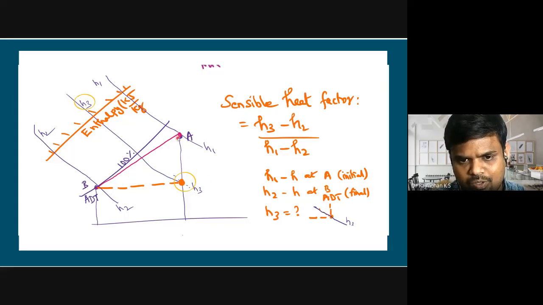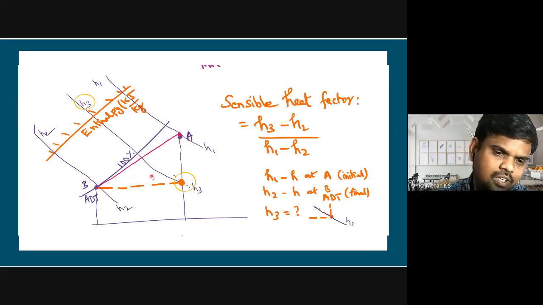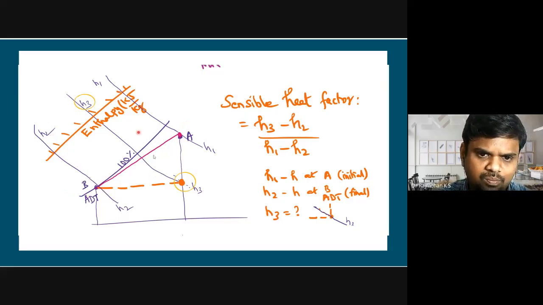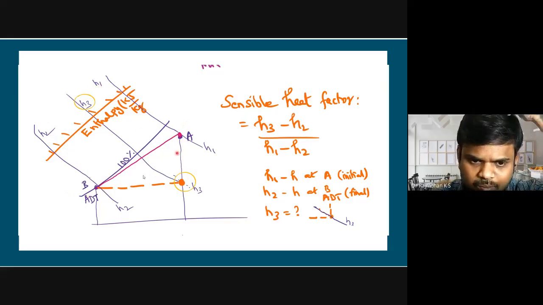If it is moving from B to A, or if it is moving from A to B, we can say it is dehumidification plus sensible cooling. So that way this can be related. So we can have enthalpy corresponding to our H1. A is initial, let me say A to B, we are cooling.